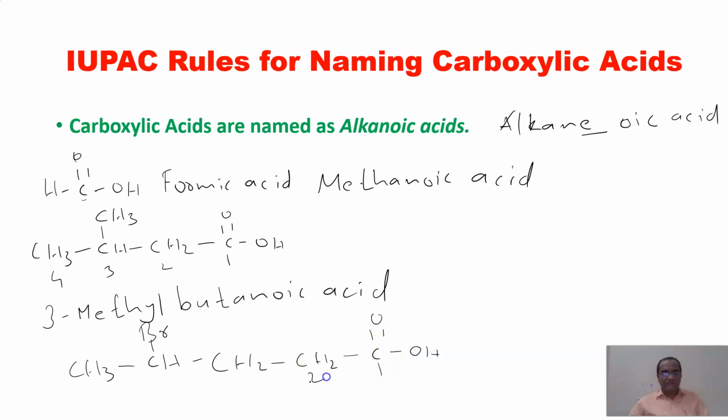So I will start numbering from here: 1, 2, 3, 4, and 5. So the name of this compound will be 4-bromo, separated by a hyphen, 4-bromo pentanoic acid. 4-bromo pentanoic acid.